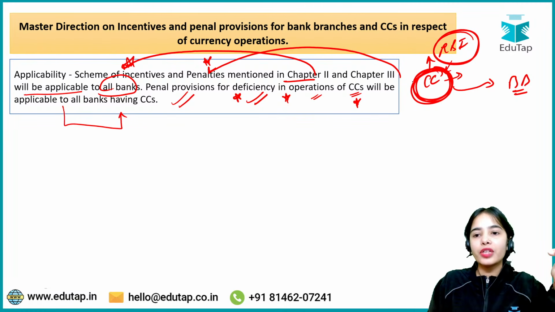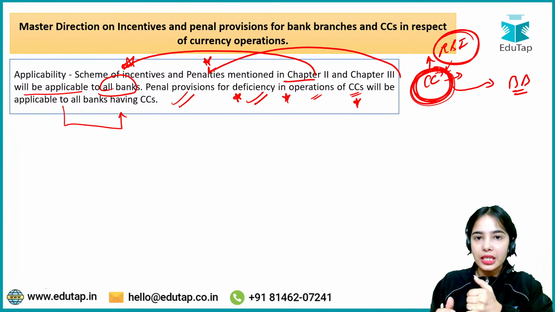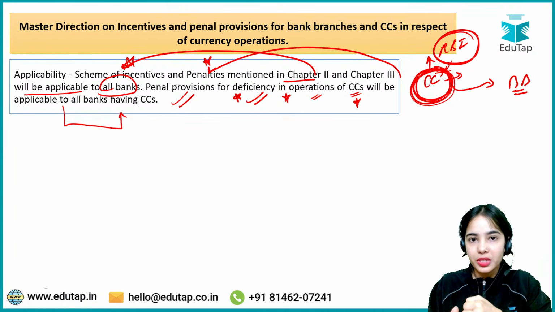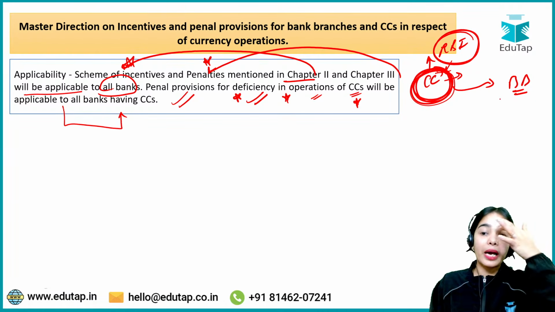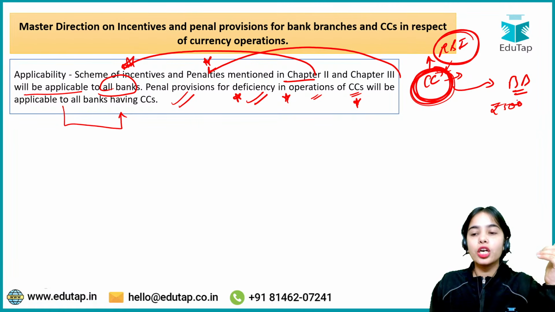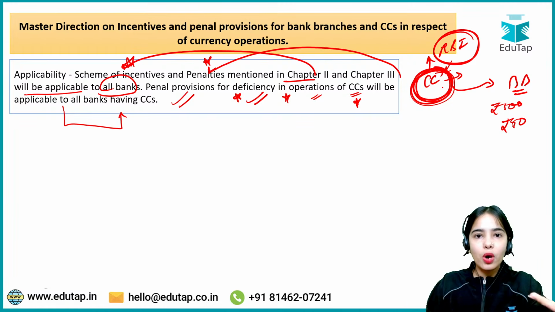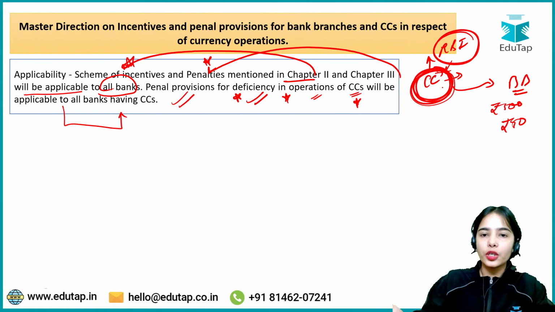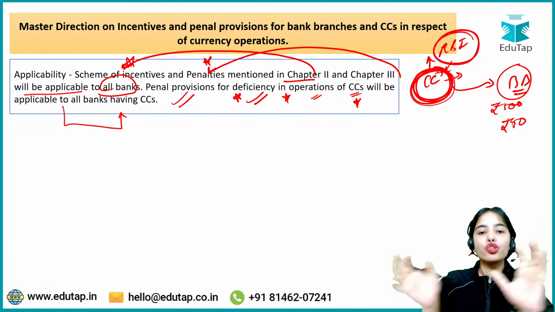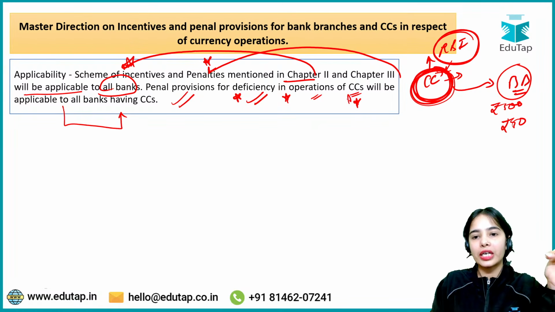Let's say the bank branches need 500 rupee notes or 50 rupee notes, and the currency chest is not fulfilling the requirements and not sharing the requirements of the bank branches with the RBI. So for any deficiency in operation of currency chest, they will be penalized.